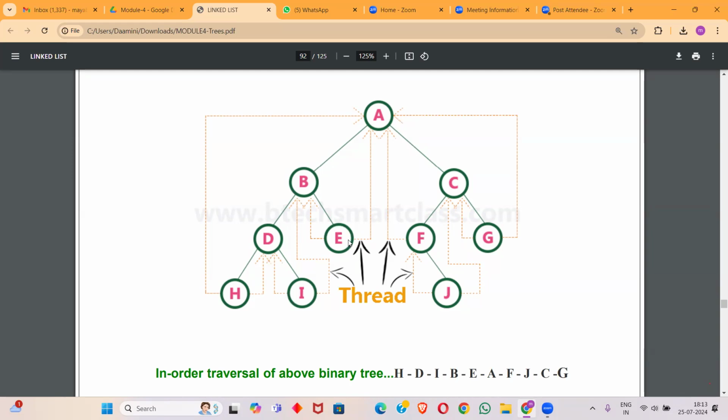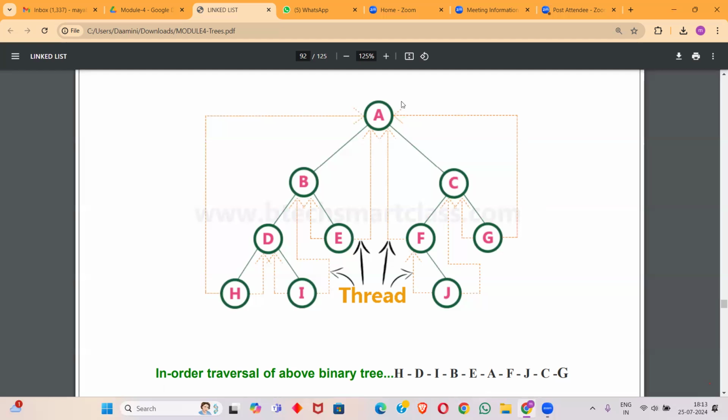So when we come to E, who is the root for this E? B is the only left, so the next one is this root node. When we come to J, J has a left node, which is this root node. Whenever J has a right, that right has to go to the next right. When I come to G, G's left side is this and G's right side is the next root level.